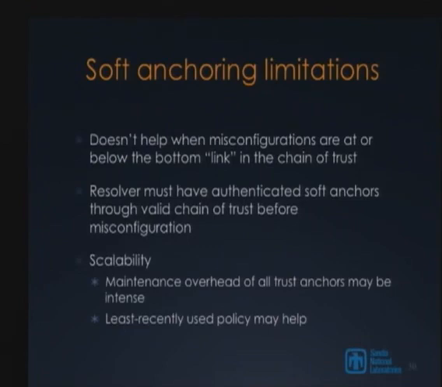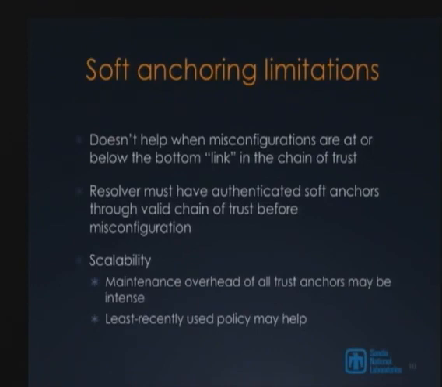Now, there are some limitations to this particular way of mitigating misconfiguration. First of all, soft anchoring doesn't help when the misconfiguration is at or below the bottom link in the chain of trust. So, for example, if there's a problem with edu, and right now Purdue.edu is not signed, then you can't use this approach with Purdue.edu, so Purdue.edu would still be broken.